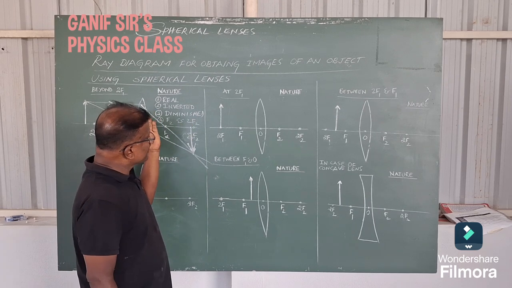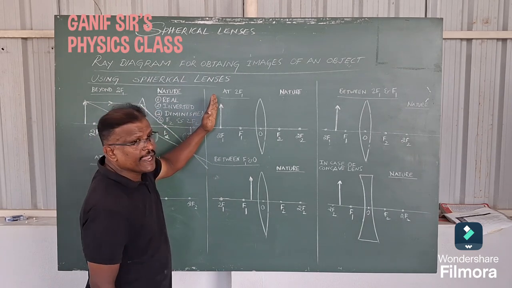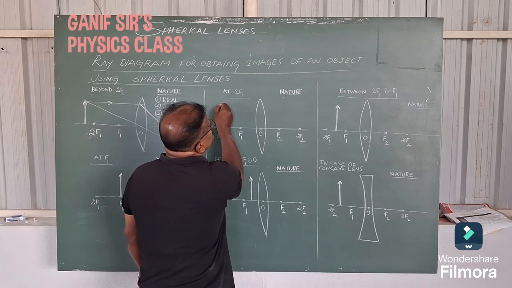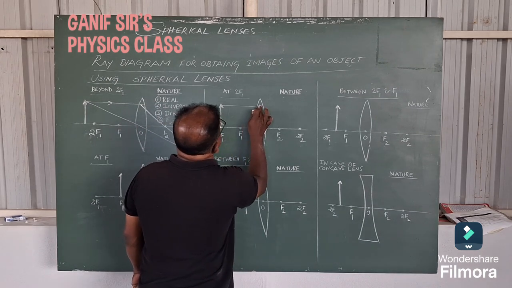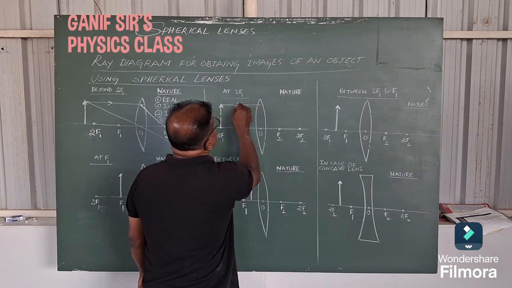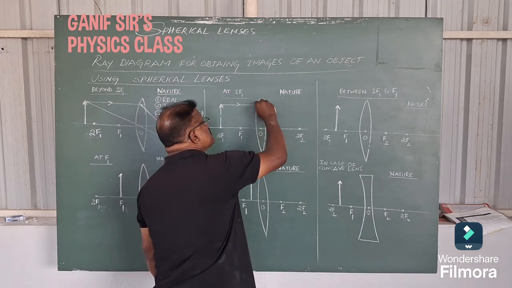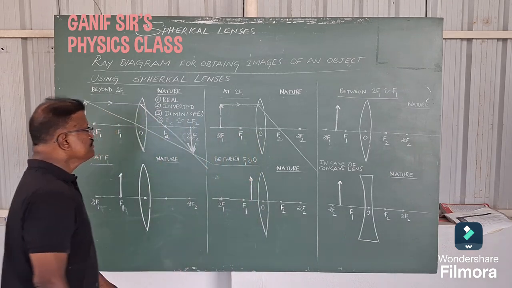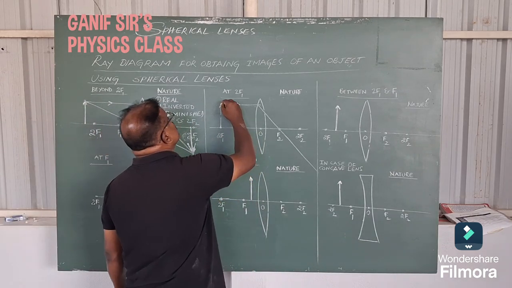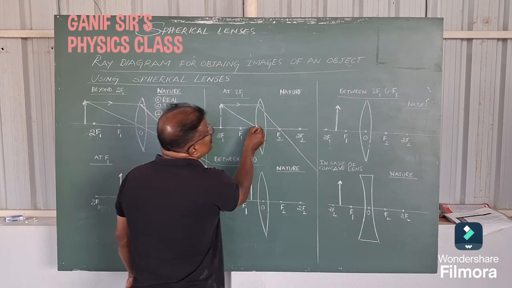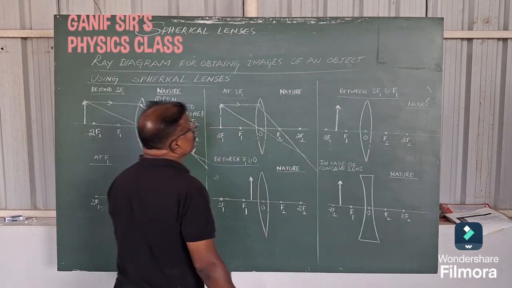Now let's do one thing. Now we keep the object exactly at 2f1. Now I am following the two rules. The first rule is when a ray is passed parallel to principal axis, after refraction it passes through f2, that you know. And the second ray, when it is passed through the optic center, what happens?